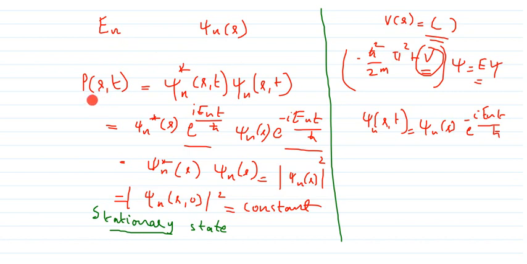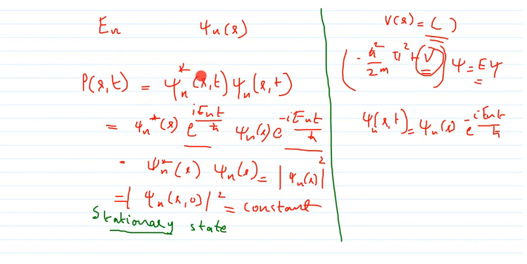When you calculate the probability using the definition, you know that it is psi star psi. Here you have n states, and we are considering the nth state. So psi n star of r comma t into psi n of r comma t.